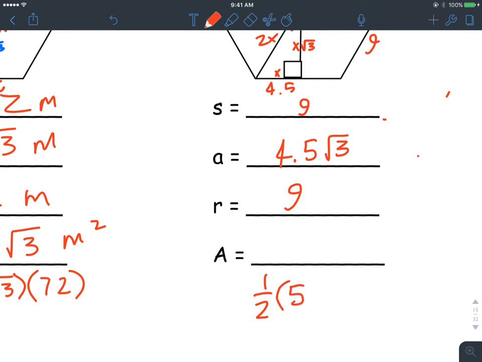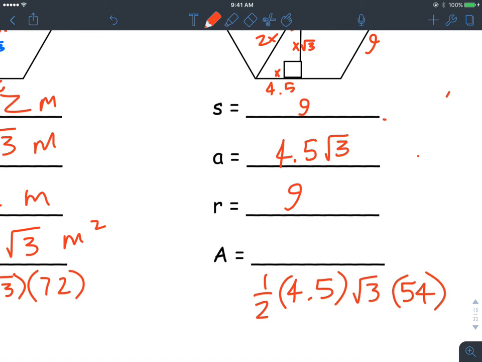What do we have? 1/2, I guess 54. Well, technically that's out of order, but it doesn't really matter. Apothem, what was that? 4.5. And then square root 3. And then times 54. So I'm not sure if that's going to come out super clean here, so I'm just going to use my calculator. 0.5 times 4.5 and then times 54.